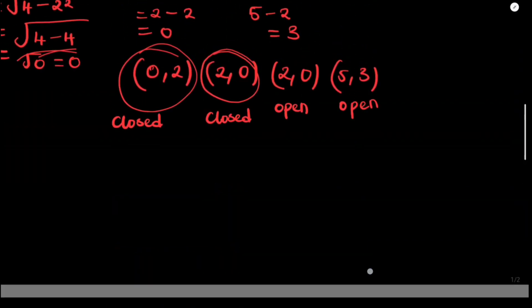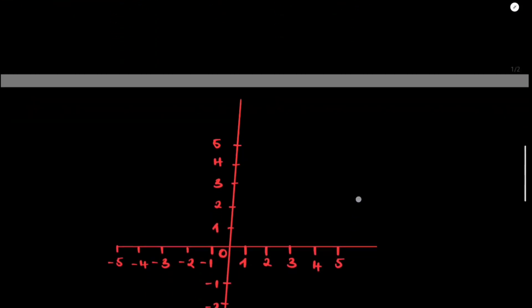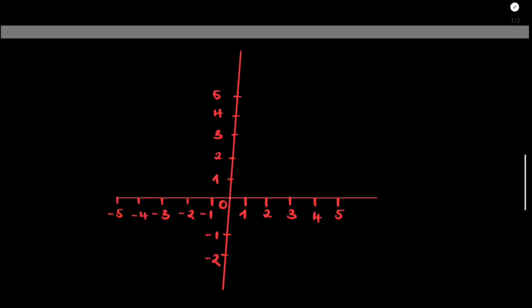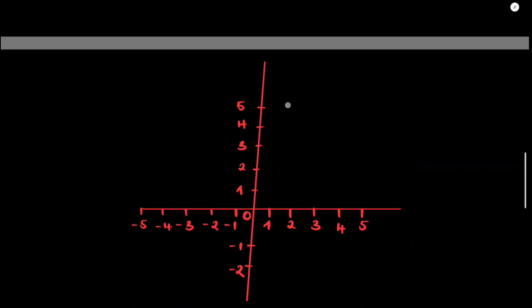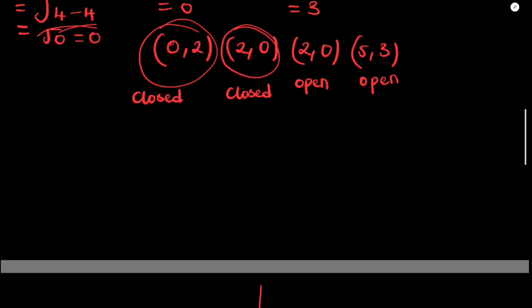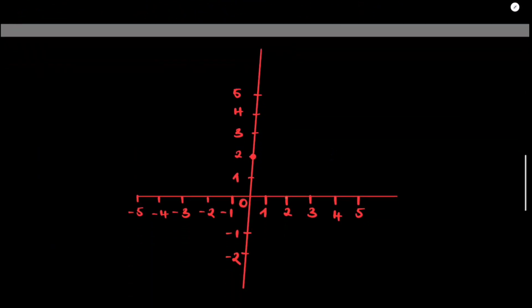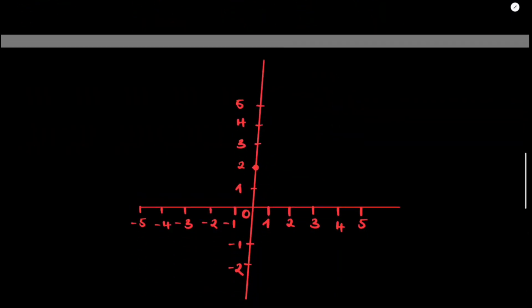So let's start. We have the first point when x is 0 and y is 2. It is closed, so we just have a dot. The second coordinate, when x is 2 and y is 0, is closed again, so we have a dot.